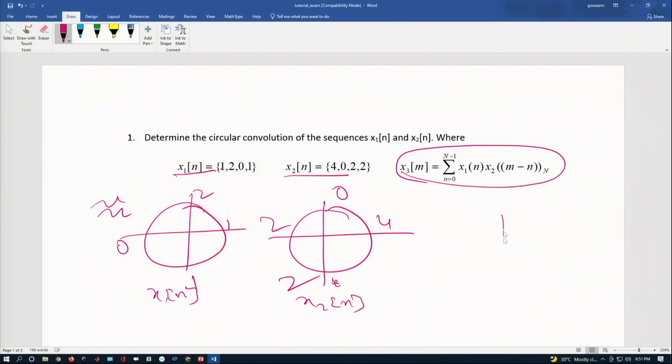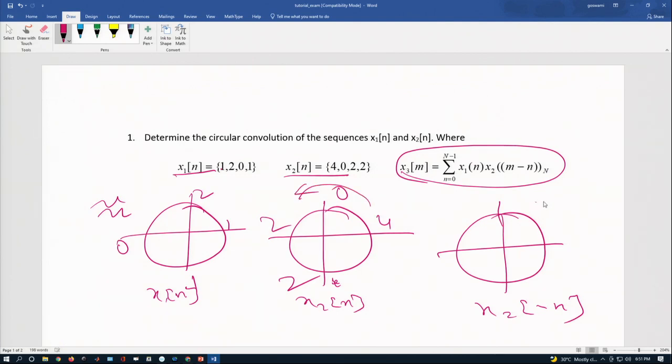Now, let us say I want to draw the sample values for x2(-n). It is reversed. If it is anti-clockwise, then it will be clockwise. So, if it is clockwise, then there will be 4, 0, 2, 2.